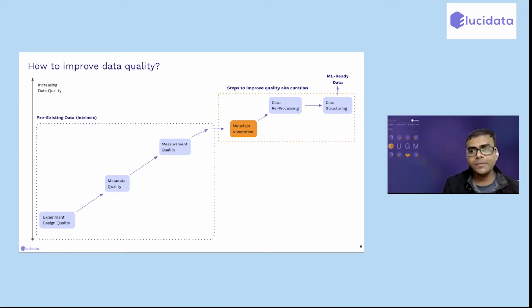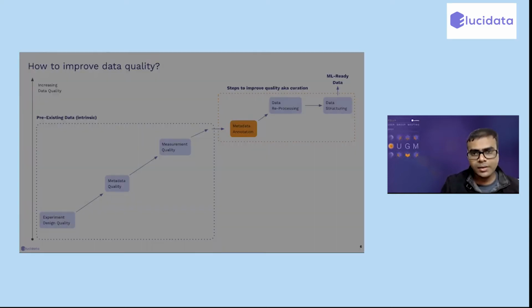There are other aspects of curation, like data reprocessing and other steps, which we'll not be discussing in this presentation, but we can discuss that later on if you want. But metadata annotation is what we consider a very important part of improving the data quality and bringing the data sets to the same curation level as we have right now on Omics Atlas.